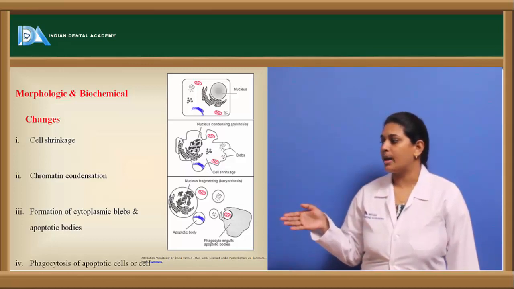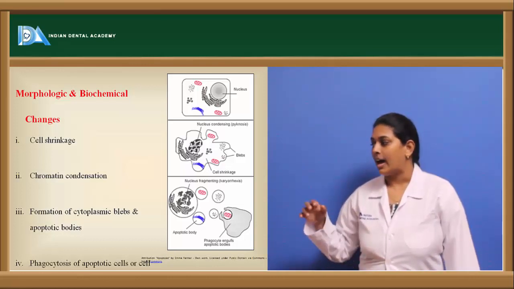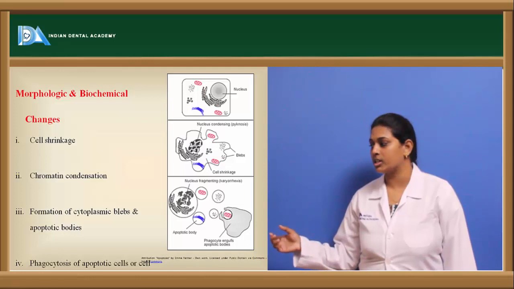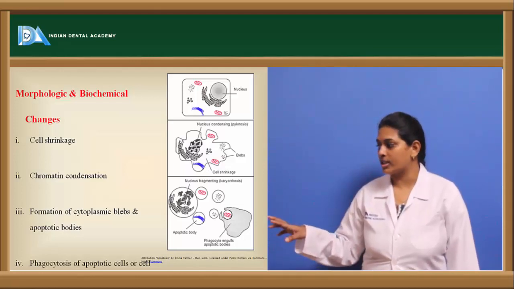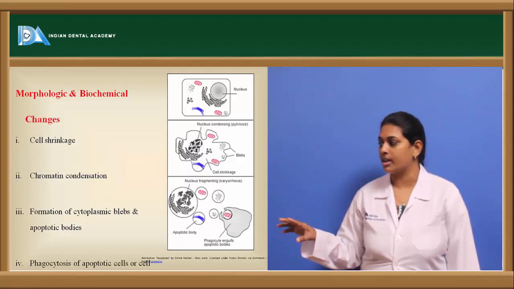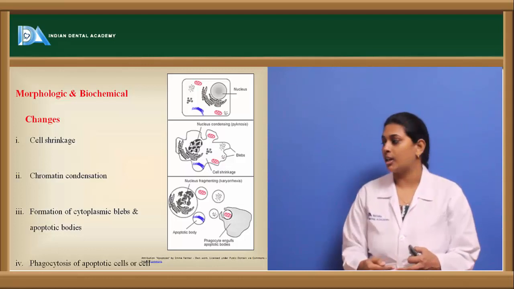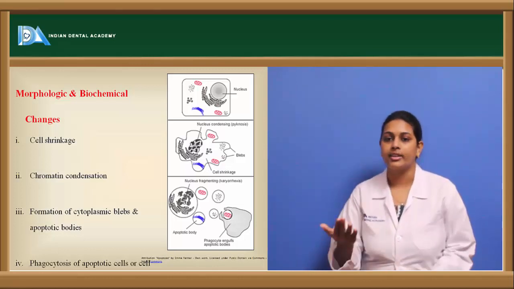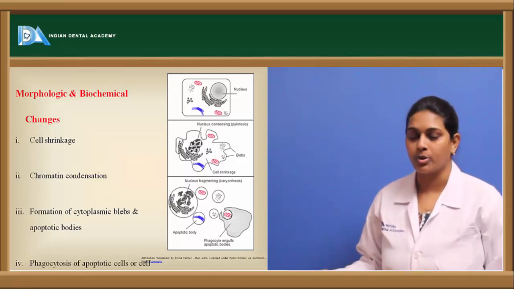These blebs separate from the cell body, forming the apoptotic bodies, and they enter the phagocytic process, where the phagocytic cell forms pseudopods, that is, extensions of the cell membrane, so that it can completely envelop the cellular debris and engulf it. So this is the process of apoptosis.